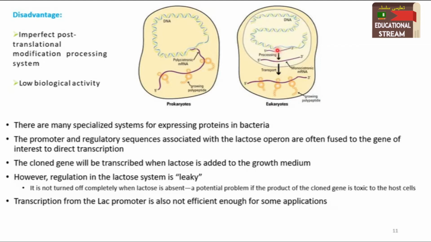Then the processing of this messenger RNA occurs, which involves the capping and attachment of the poly-A tail, and certain post-transcriptional modifications, and then it moves towards the cytosol.